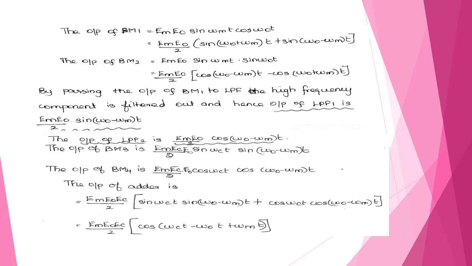So now we have to add all the outputs, so that we will receive Em E0 Ec by 2 into sin omega c t sin (omega naught minus omega m) t plus cos omega c t cos (omega naught minus omega m) t. So here we will receive Em E0 Ec by 2 cos (omega c minus omega naught plus omega m) t. So this is the finalized equation of the modified phase shift method.